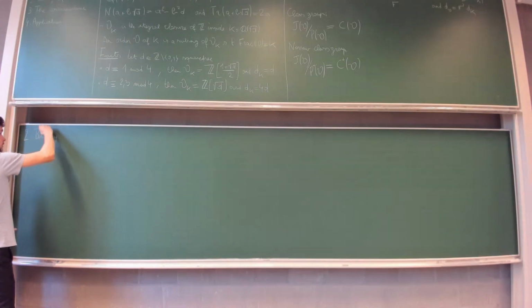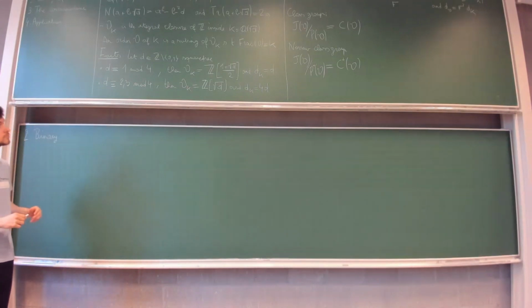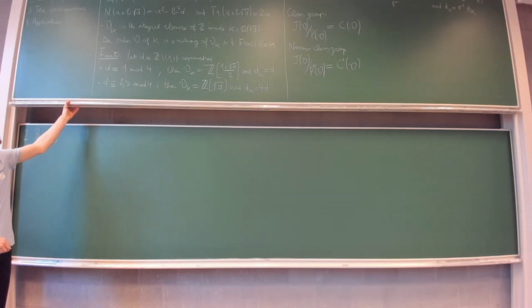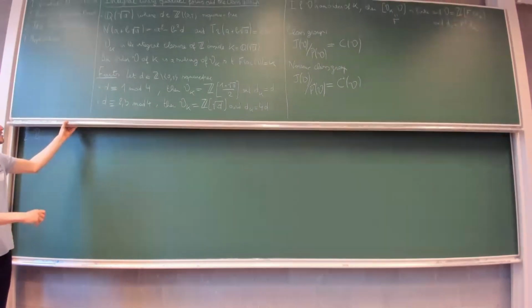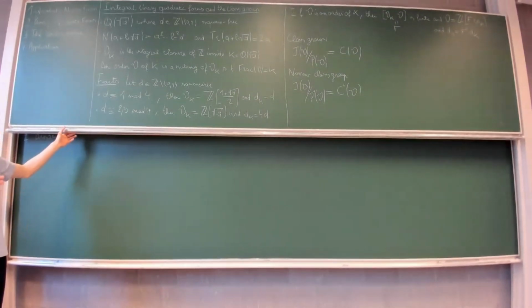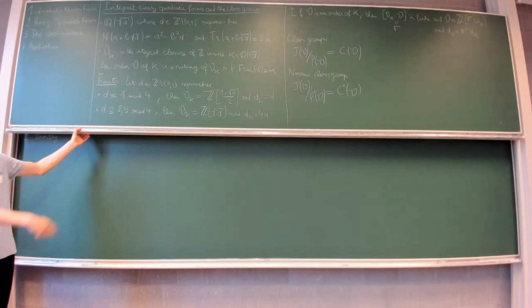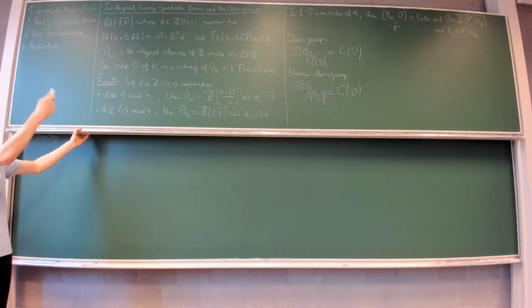Can I be confused about something? So this order, you say an order is a subring whose fraction field is the fraction field of OK. So you take sort of the smallest one, or because OK is also an order of OK? Yeah, OK is actually what is often called the maximal order. It's the order which has conductor 1.